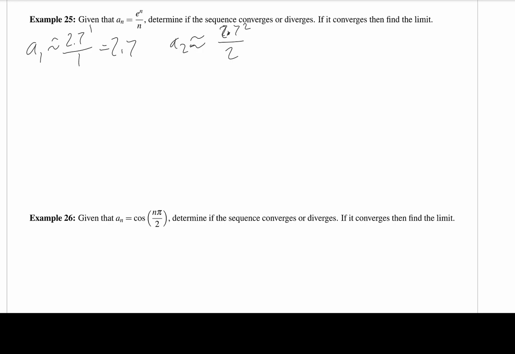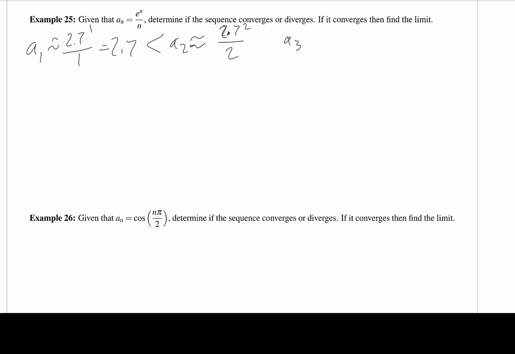Okay, so we need to think about, did this get bigger? Well, we multiplied 2.7 by itself and then divided by 2. So I divided by a number that was smaller than what I was multiplying by. So that means that this did get bigger.